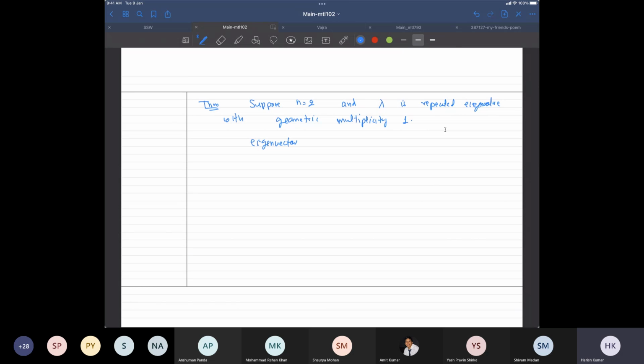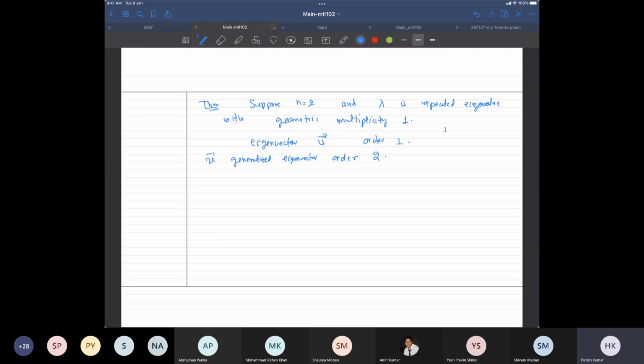Let us denote that eigenvector by u, and you'll have one generalized eigenvector v, which will be of order 2. Of course, for the eigenvector it will be order 1, that means A minus lambda applied to u is 0. In this second case, (A minus lambda) squared applied to v will be 0.